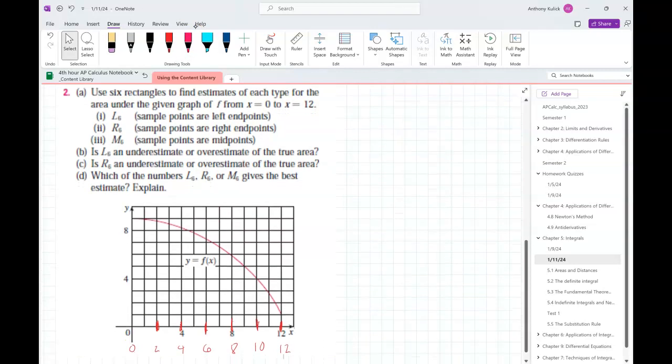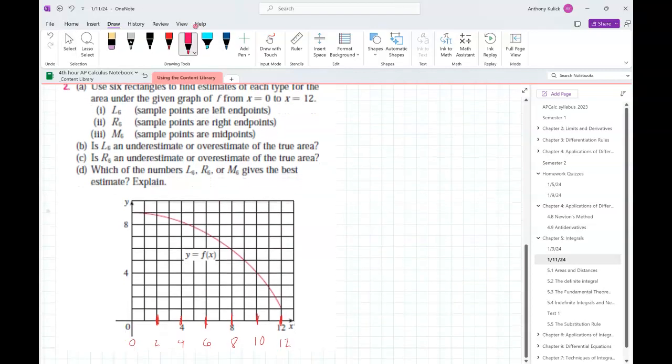So if I'm using left endpoints, for the first subdivision from 0 to 2, I'm going to use the left end of that. That's my first rectangle, so that's going to be 2 times 9. And then from 2 to 4, I'm going to use the left end of that.